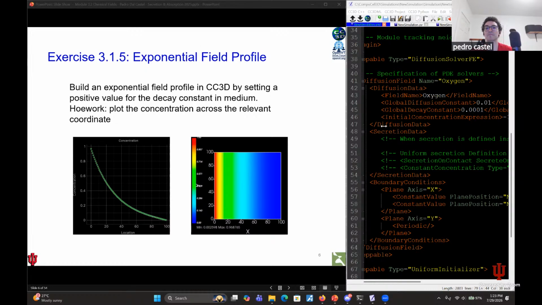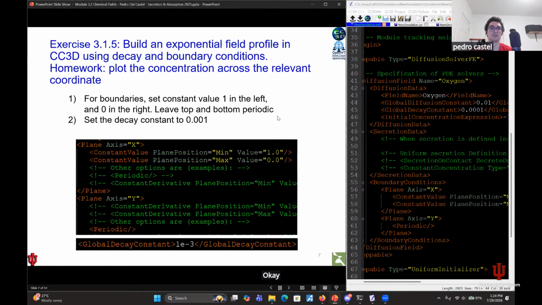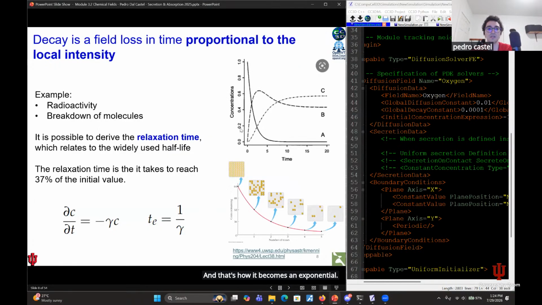Okay, let's move on. At any time you can type in the chat if you need help and ask me to stop if you need more time. Okay. So to build the exponential field profile, you can set decay, and that's how it becomes an exponential. Why does it become an exponential? So what is decay?